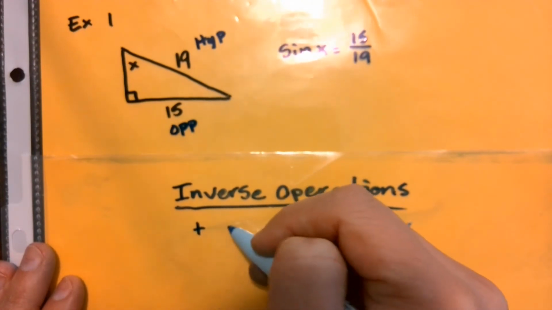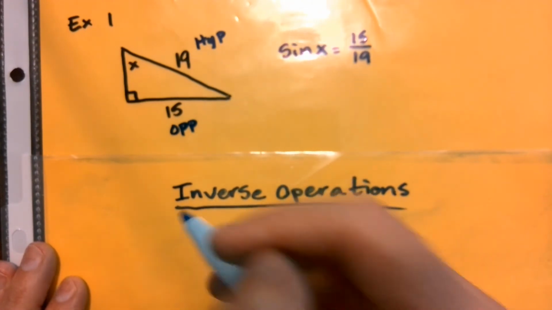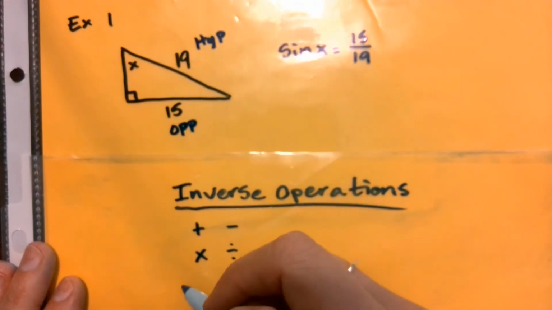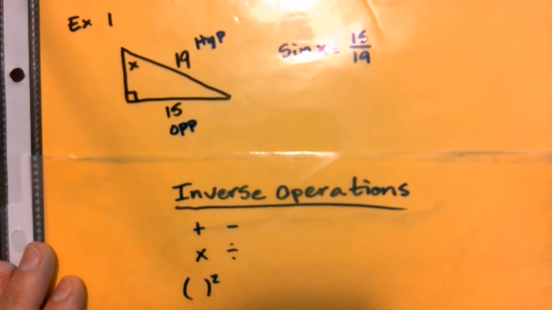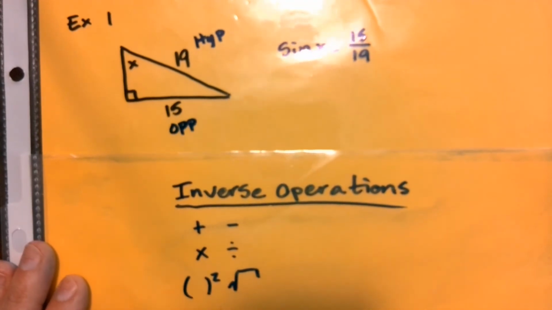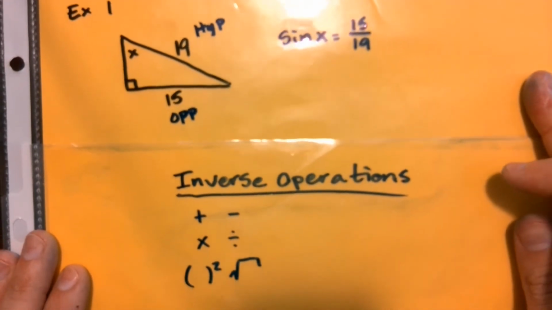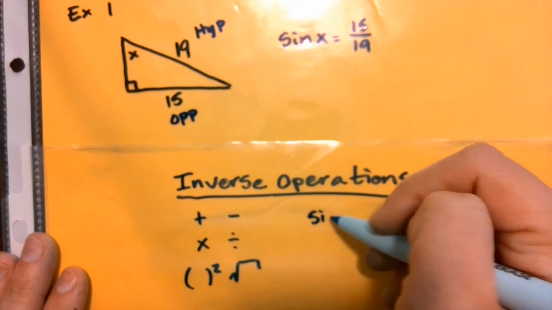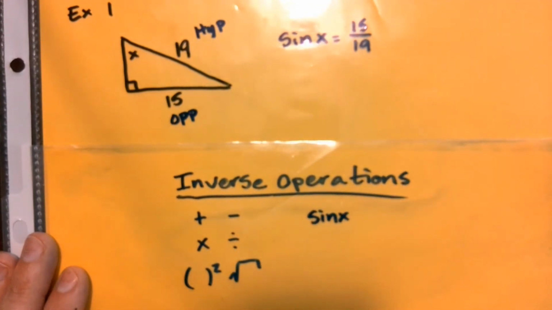Like the inverse of addition is subtraction, the inverse of multiplication is division, the inverse of raising something to the second power is square rooting it. So it's that operation that we do if we're trying to undo what's being done to x in an algebraic equation. So we need to know the opposite of sine, or the inverse of sine.